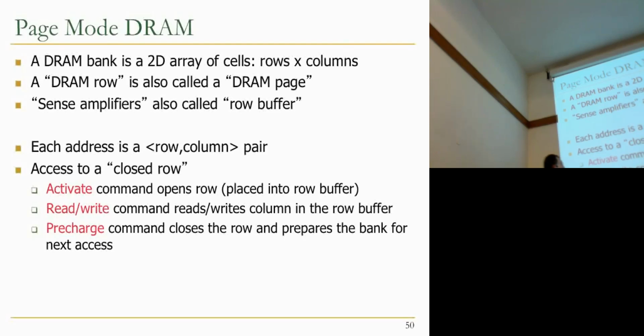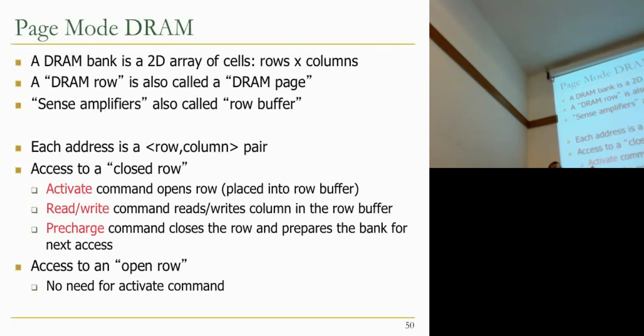You can send a bunch of read and write commands while the row is within the row buffer. And later, if you want to do another access, you have to precharge the array. Precharge means it moves the bit lines to a reference voltage so that the next access can be sensed. If you are accessing an open row, which means that you've already done the activate, there's no need for this activate command, which means that an access to an open row is much faster than an access to a closed row.